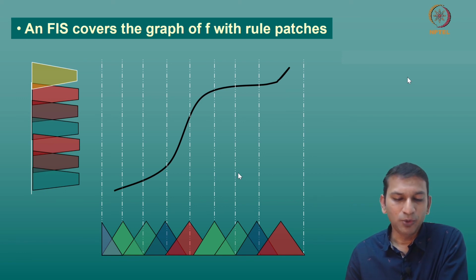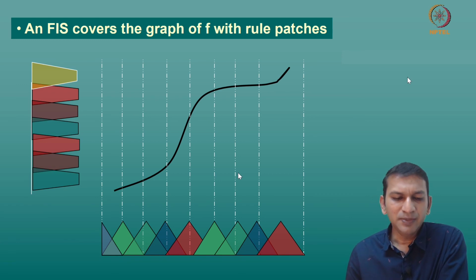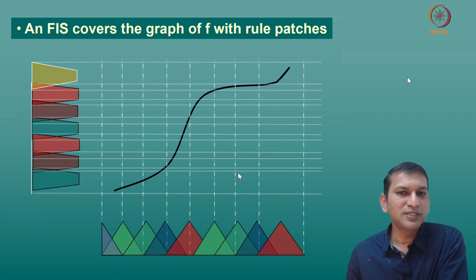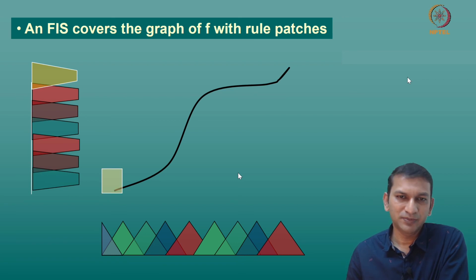These are the supports of the fuzzy covering that we have on X. Similarly, the supports of the fuzzy covering we have on Y. Now we'll use this grid to see how to relate a particular fuzzy set on X to a fuzzy set on Y. For instance, consider this fuzzy set and this fuzzy set. If you relate them, what you get is this patch. That means all the ordered pairs UV that excite this rule will fall within this patch.